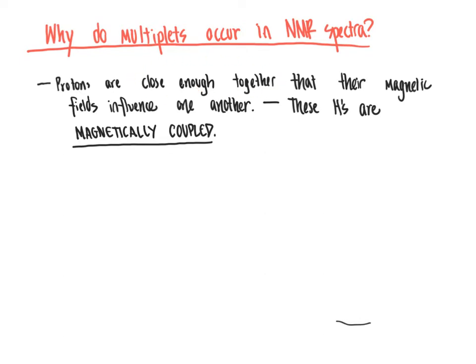That seems a little bit vague. So let's clarify that. When we say that two protons are close enough together, we are typically referring to the two protons being vicinal to one another. Vicinal means that the proton is on an adjacent carbon atom. So let's draw out an example of what we mean by the two protons being vicinal.